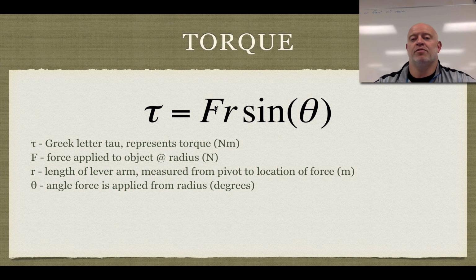If you apply a force at the wrong angle, you won't actually create the twisting motion that we want. So we want to look at that angle, and in this case it's sine. Up until this point, most of our equations that dealt with applying a force and an angle used cosine. There's a reason why we use sine, and we'll get to that in a minute, but make a note of it. This is sine of theta now, not cosine. So our equation deals with sine instead.